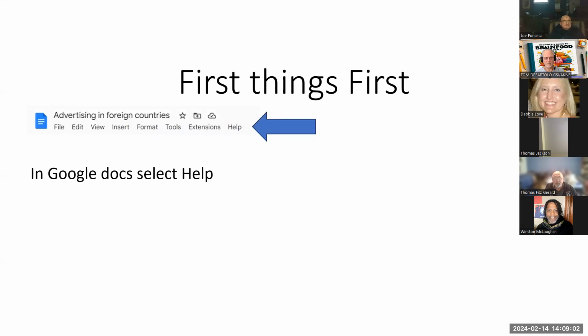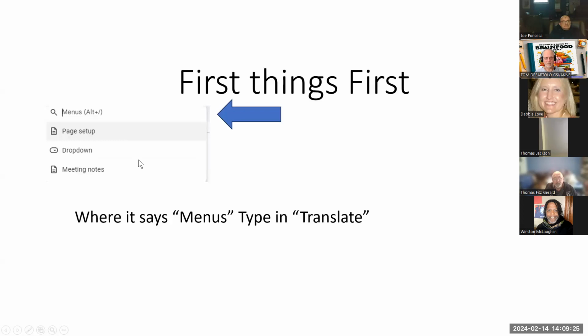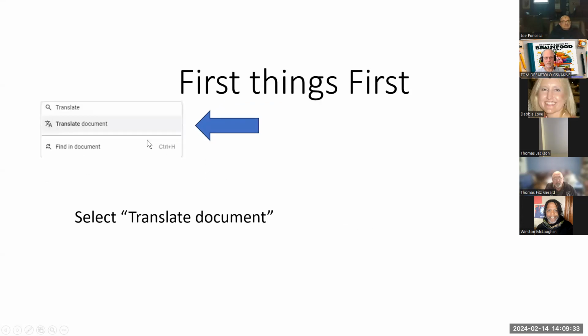In Google Docs, of course, you're going to write your ad, and then you want to translate it. In the upper left-hand corner, you're going to have your menu, and you want to click on Help. Then select Search the Menus, which is this one right here. Where it says Menus, type in Translate. Once you put in Translate, select Translate Document.